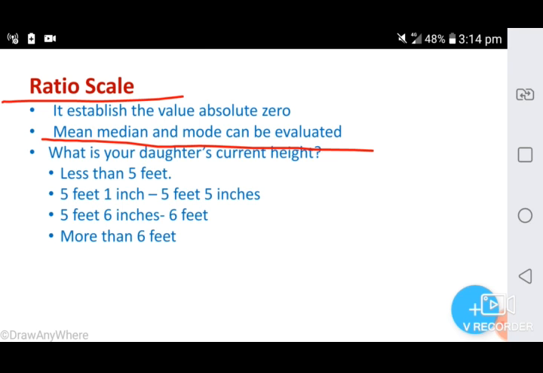For example, what is your doctor's current height? Less than 5 feet, 5 feet 1 inch to 5 feet 5 inches, then 5 feet 6 inches to 6 feet, or more than 6 feet. It establishes the value of absolute zero. The best examples of ratio scale are weight and height.